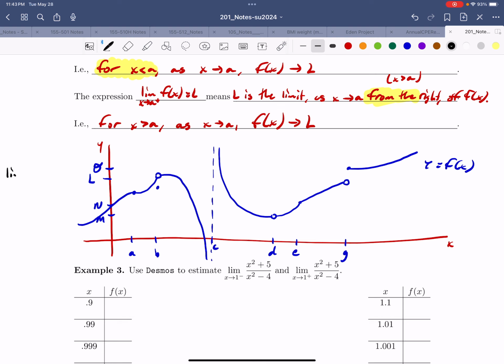So the left-hand limit, the limit as x approaches a from the left of f of x. What's that going to equal? Oh, whoops, I don't even think I had a value for that.